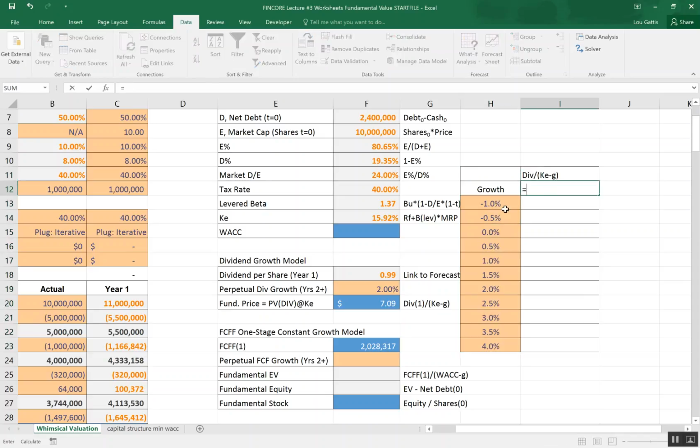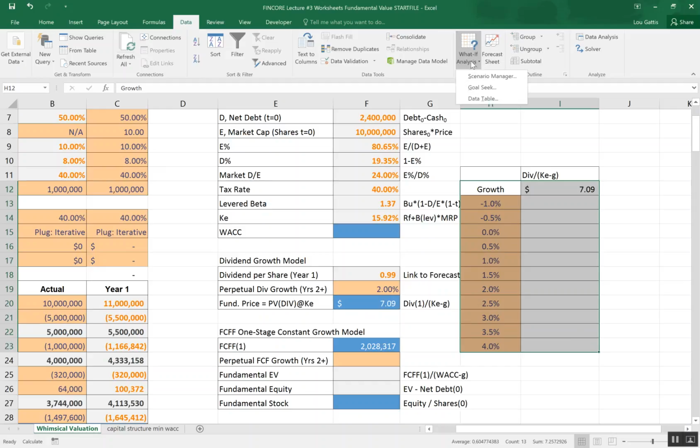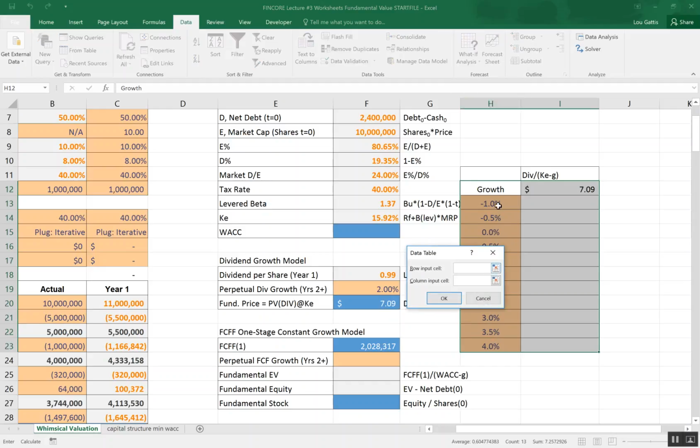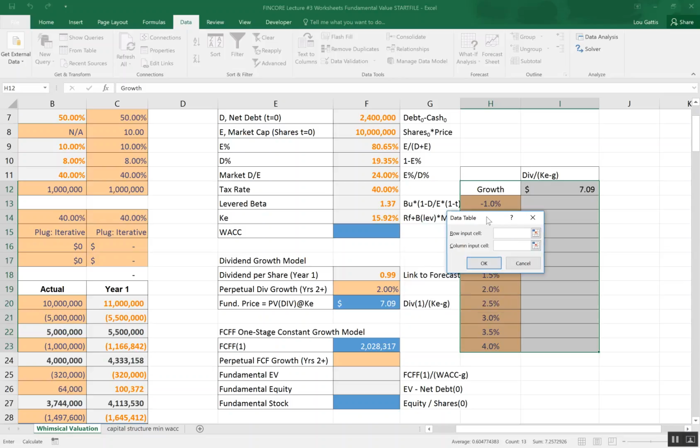I can put a link right here to a formula that uses this parameter, which is my fundamental stock price. Now I can highlight this range, go to Data, What If, Data Table. Since the growth rates are in a column, I'll click on Column, and click my growth rate that affects that fundamental price.